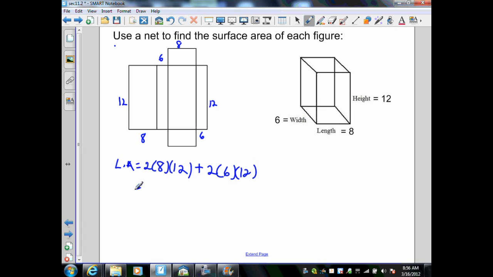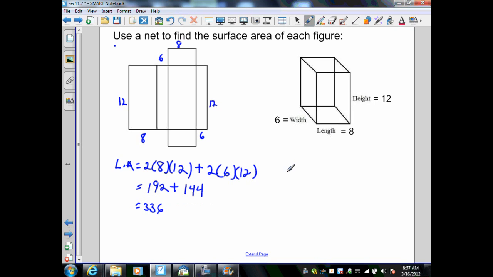When I simplify, I'm going to get 8 times 12, which is 96. 96 times 2 is 192. Plus 6 times 12 is 72, times 2 is 144. Therefore, my lateral area is 336.